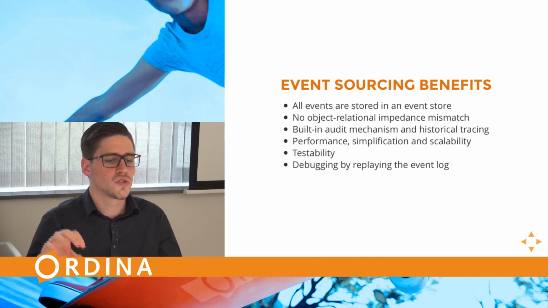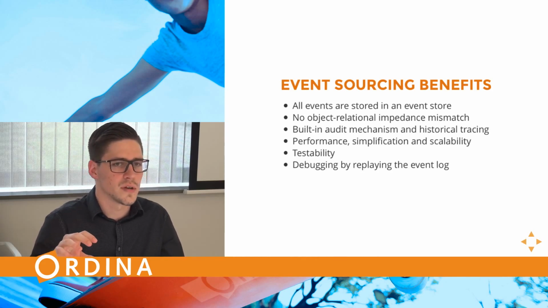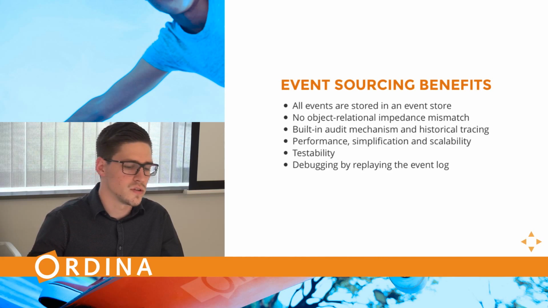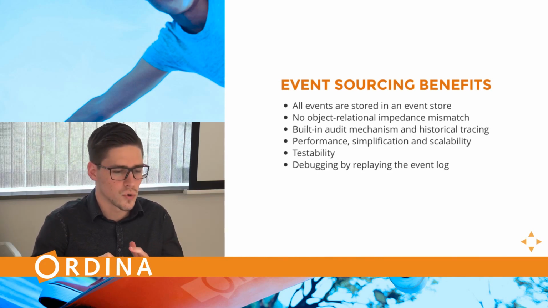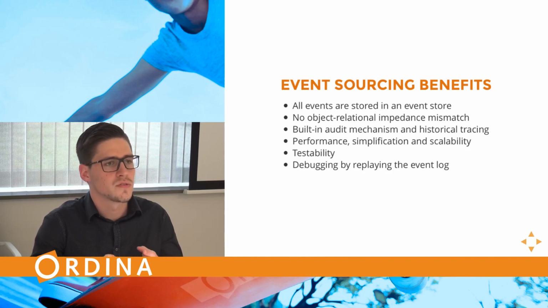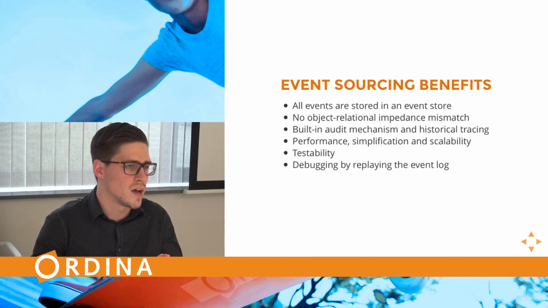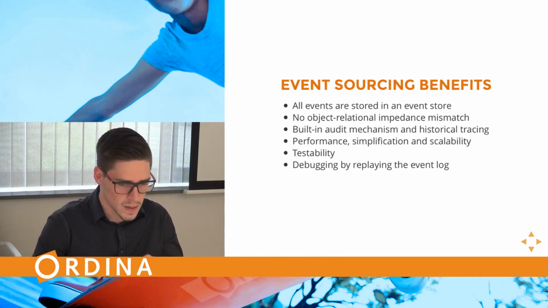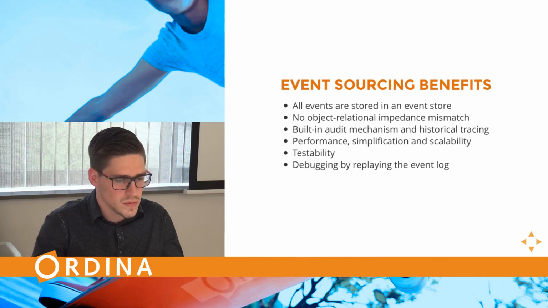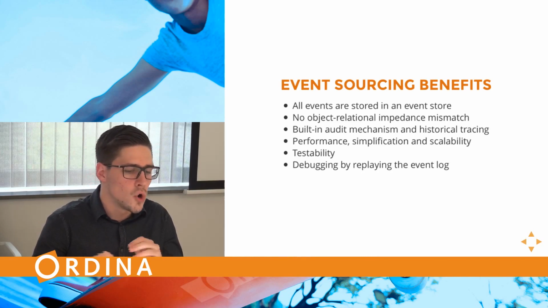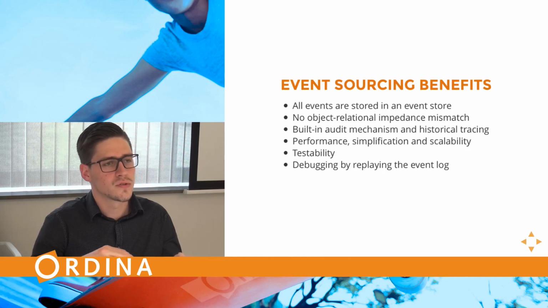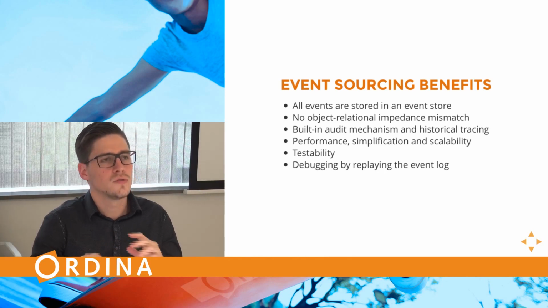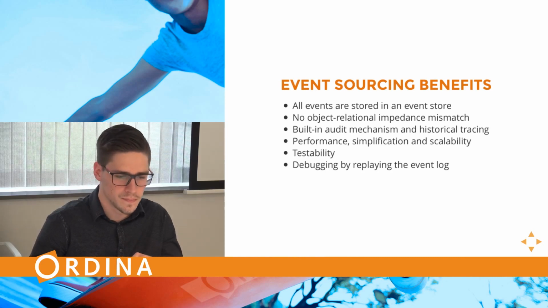Well, you can just take the event log that's available on production and place it locally in your development environment, and then you can replay this event log and easily debug all the different steps that took place in order for the record to reach its latest state. And you also don't really have any object-relational impedance mismatch, because the events don't have anything to do with your persistent model.